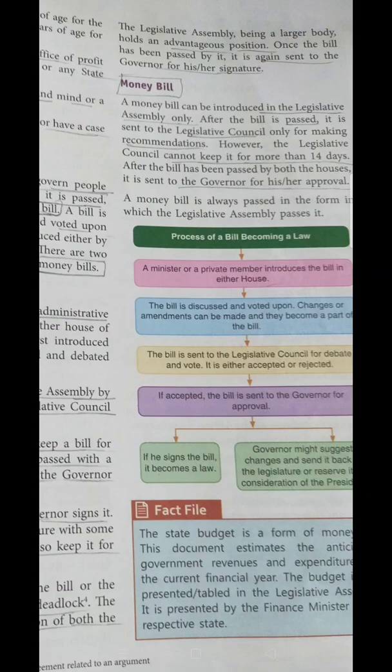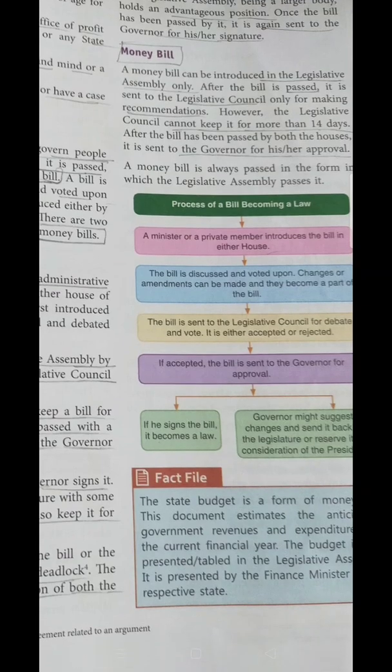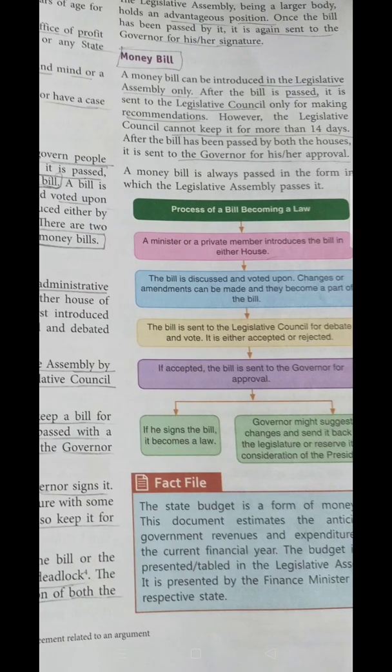It is not like the legislative council can refuse that bill or that the bill is not going to be introduced further. So the legislative council just accepts the bill for recommendation, and the legislative council can keep the bill for 14 days only, and after the bill is passed by both the houses, it is definitely sent to the governor for his approval.